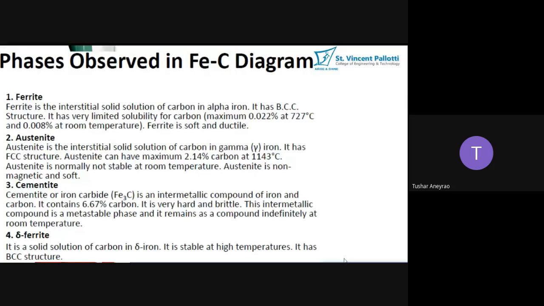Then one additional phase is there, cementite, which is the hardest phase and which is the compound of iron and carbon with the name Fe3C, which is called cementite. The name cementite is given to this phase just because cement is the mixture or compound which makes it very hard.